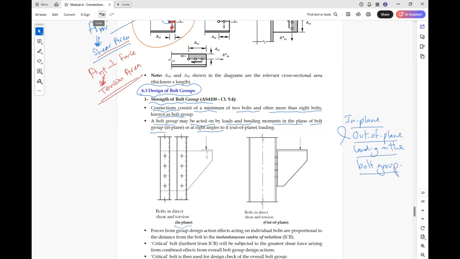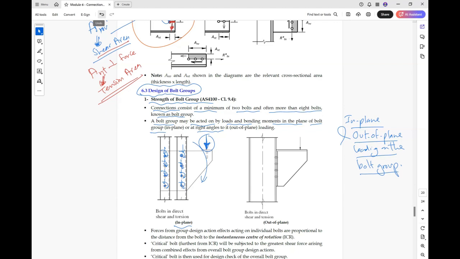For example, in plane, in this example here, we have this force here, and these are the bolts we have. In this case, this force will be divided to these bolts, and because this force will cause moment, each bolt will take a force and a moment from this load.